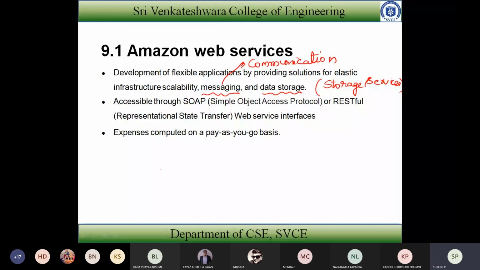Now coming to SOAP, what do you mean by SOAP? As the name indicates, Simple Object Access Protocol. SOAP is a messaging protocol specification. For what purpose is it used? It is mainly used for exchanging structured information in the implementation of web services.